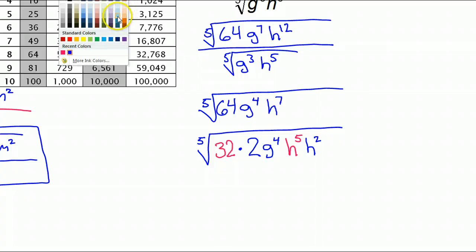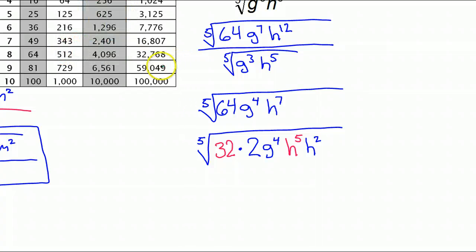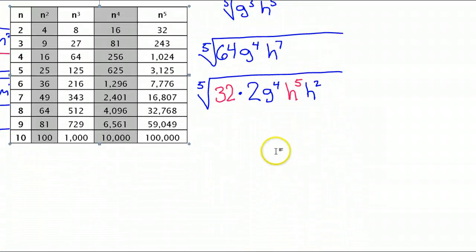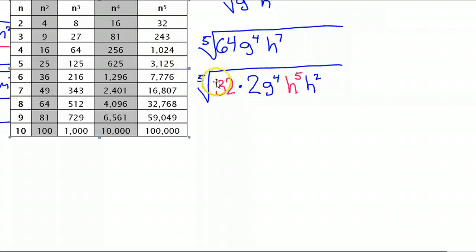So let's do that. Remember that the fifth root of 32 is 2. So this 32 is going to become a 2 on the outside of the radical. To simplify the h to the fifth power, I'm going to wind up dividing by 5, so this will just be h.